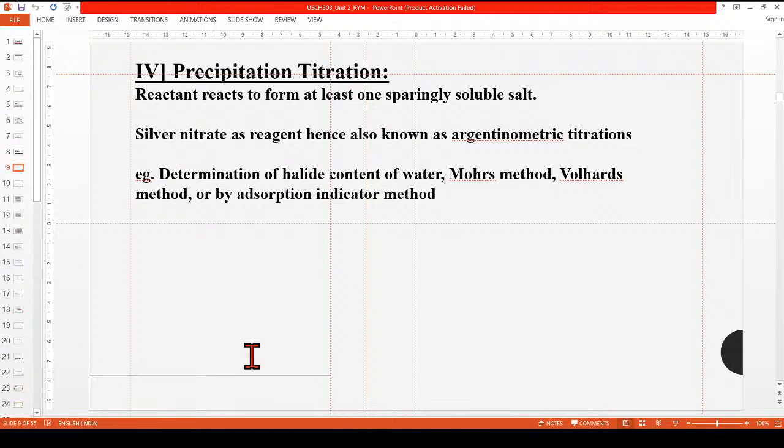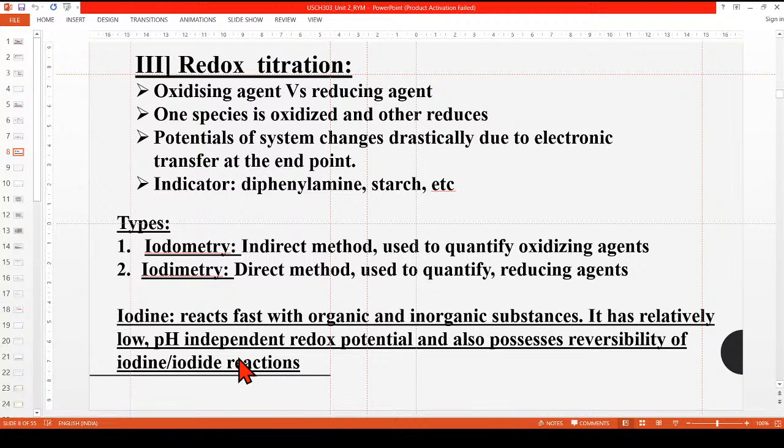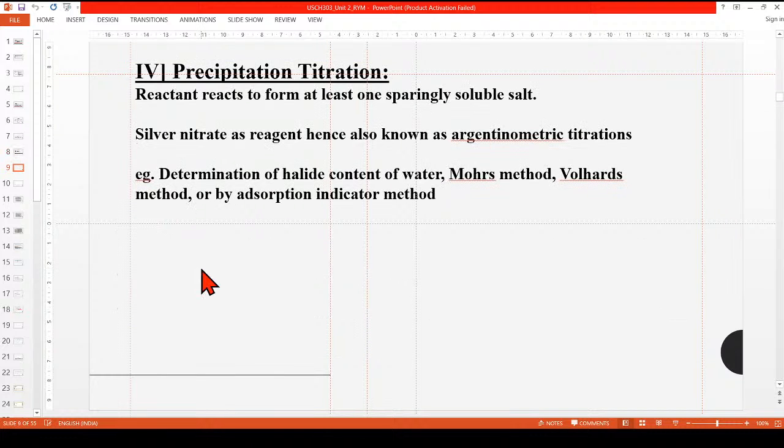Then redox titration we have seen. Each and every minute part I have covered or put on this slide, so that when you go through just the slides, your revision will be done.